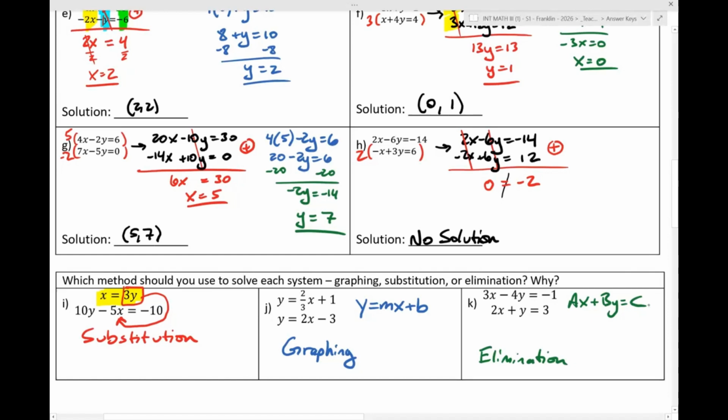And that's really easy to use elimination with because they're already lined up. And all you have to do here is multiply that second equation by 4. And that would let me eliminate.